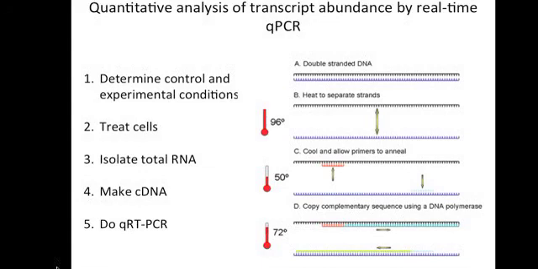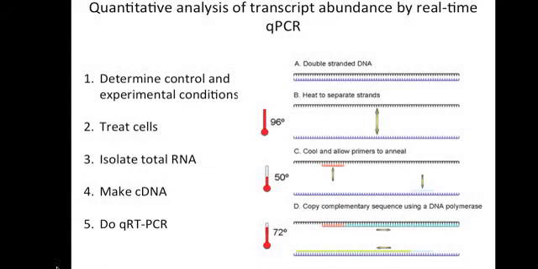So you heat it, they separate, the primers bind to whatever region, and then you allow them to anneal, and then you have DNA polymerase in your tube, and as you change the temperature, the DNA polymerase actually polymerizes DNA, so you've got replication of that strand of DNA. And so each cycle of PCR, you get another copy. So you start with 1 DNA, you melt it, and then at the end of that cycle, you've got 2 copies. And then you go from 2 to 4, and it's actually an exponential increase.